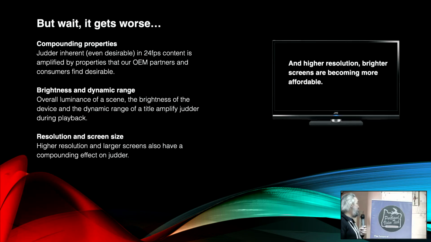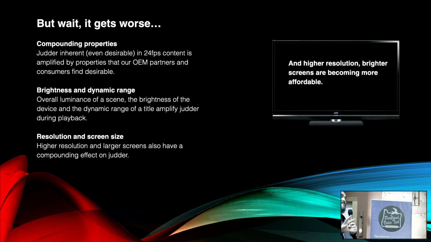So, for example, resolution, overall brightness of a display, dynamic range, physical size. These are all things that you'd want to see on the side of a box when you're going to select a TV. You know, how bright is it? Does it have HDR? Is it 4K?